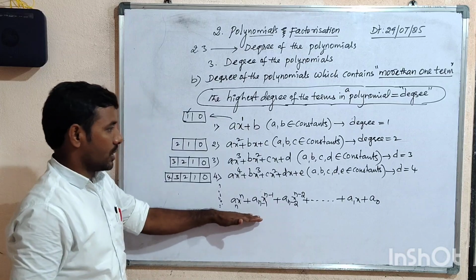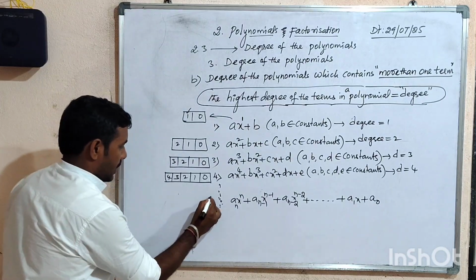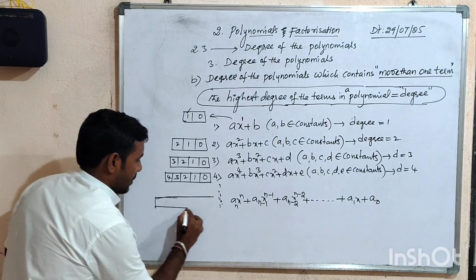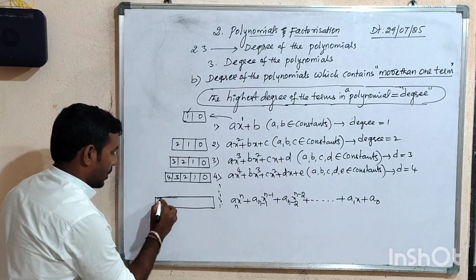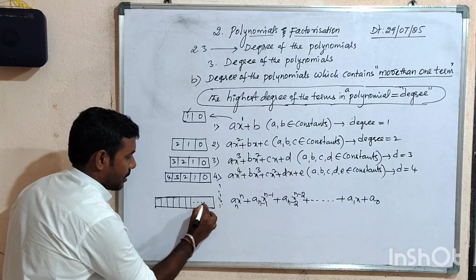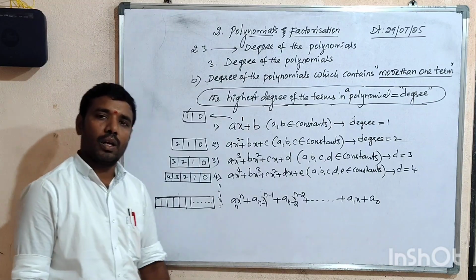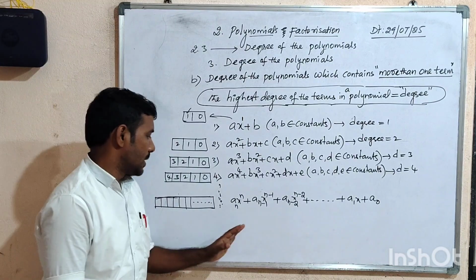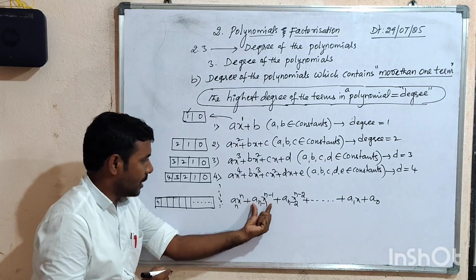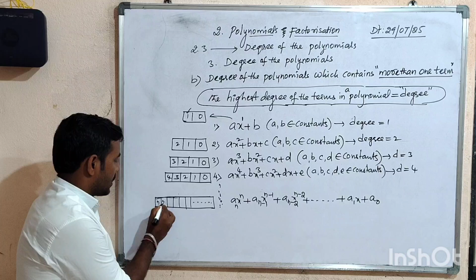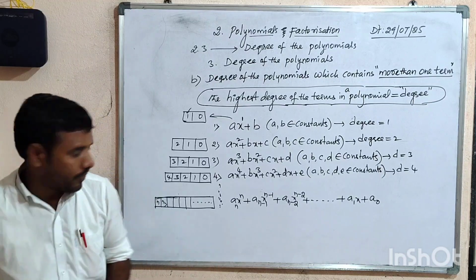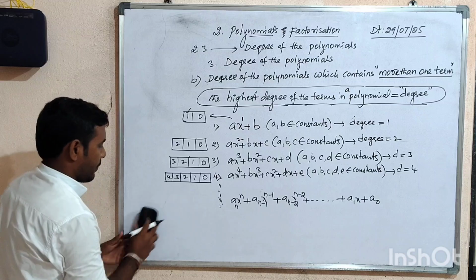Let us go with this last one. In this we are unable to complete these columns. Okay, now yes, 100%. So what is the degree of this? N. What is the degree of this? N minus 1. Carefully listen.